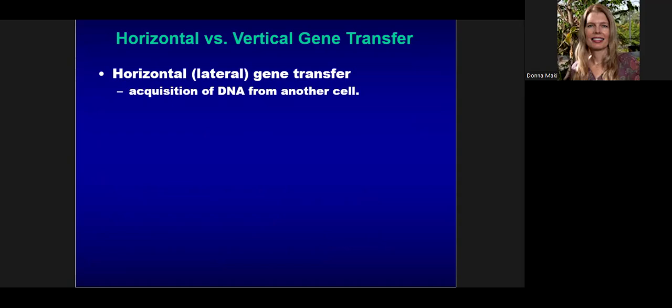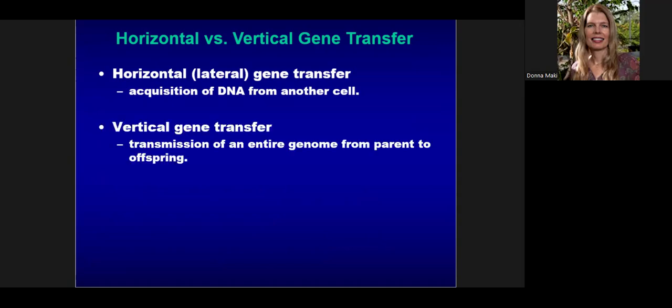Sometimes it's called lateral gene transfer, but that term seems to have gone by the wayside, and they talk more about horizontal gene transfer. And then, of course, like I said, vertical gene transfer is from parent to offspring. So you still certainly have that, but horizontal was just kind of mind-blowing for the scientists at the time that were studying this.